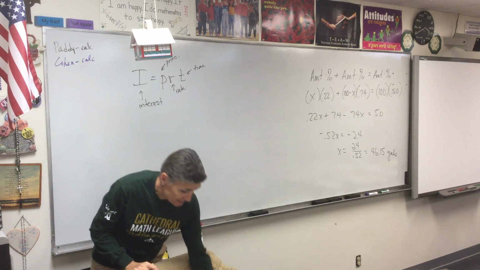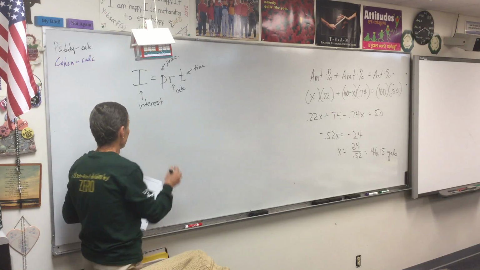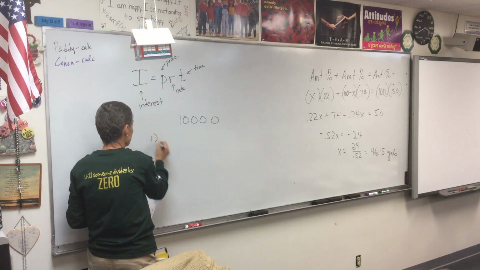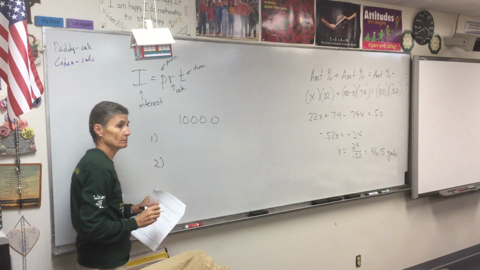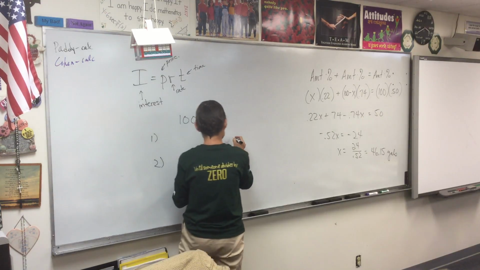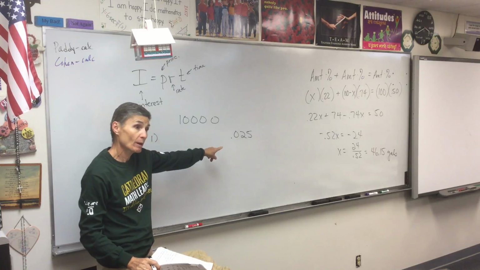Now, let's see what's going on in this problem. Bob has a total of $10,000. He's going to split it up into 2 accounts. One of the accounts is going to pay 2.5% interest. Notice how I wrote that.